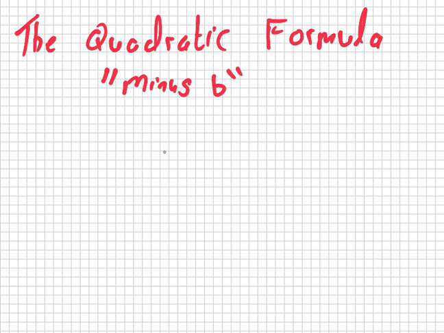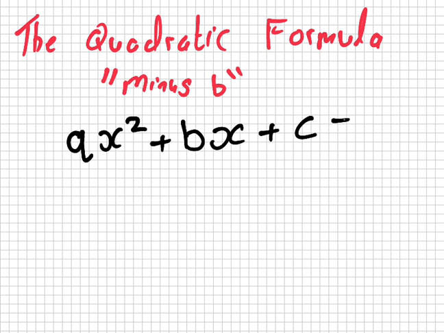Okay, so let's have a look at that now. We want to try and find a formula to solve this. Okay, so let's try to simplify it. We're trying to find our own formula here. So I should divide everything by A first.